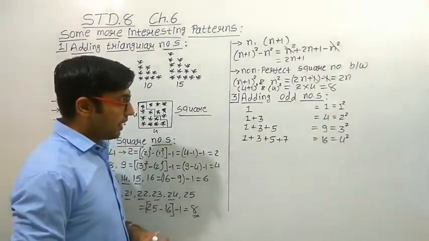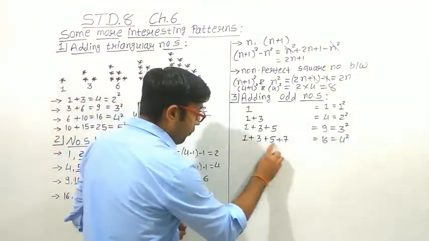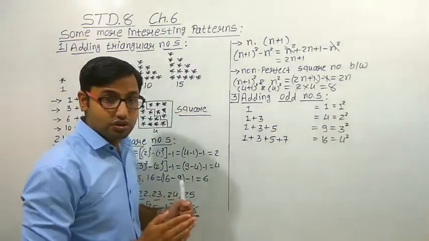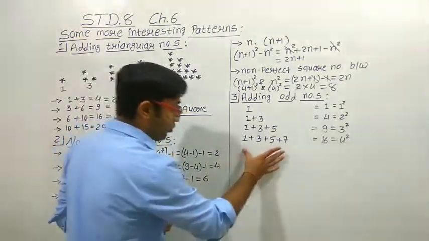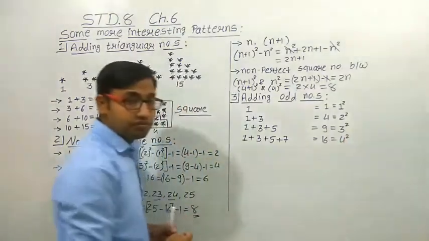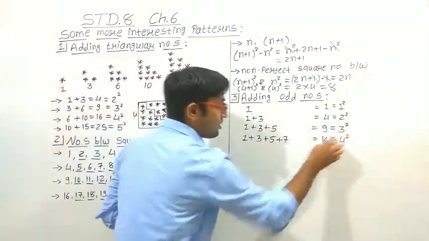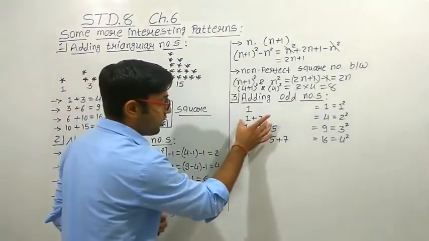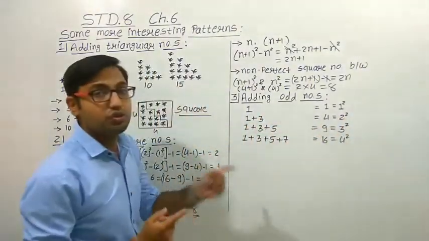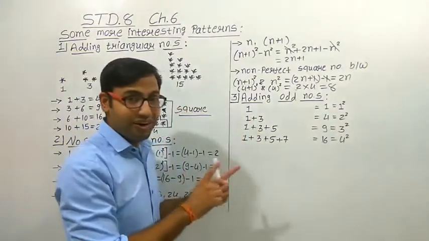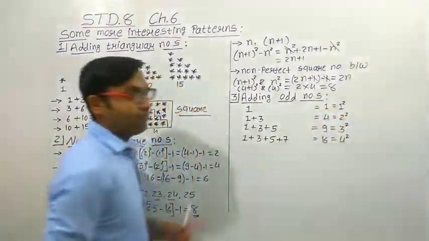So you notice the pattern: when we add 4 odd numbers, the total we get is 4 square. If we add 3 odd numbers, the result is 3 square. If we add 2 odd numbers, the result is 2 square. If we add 1 number, then we get the perfect square of 1.